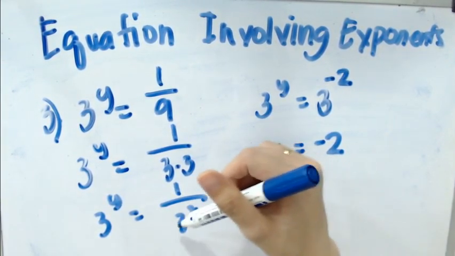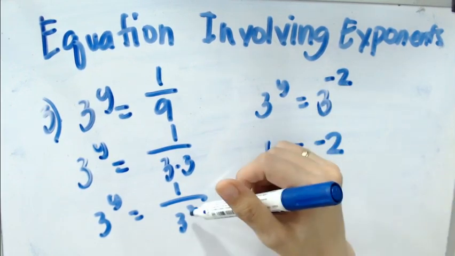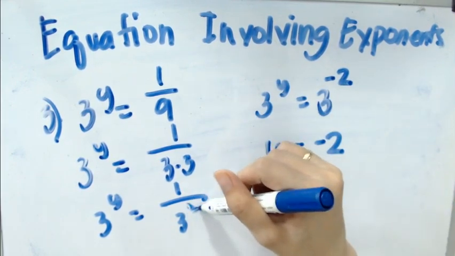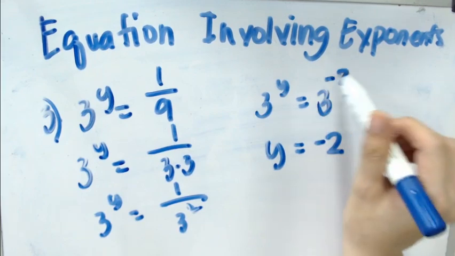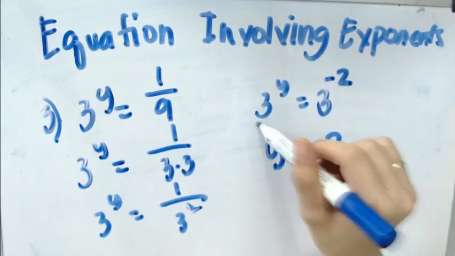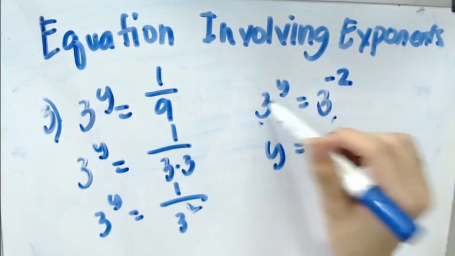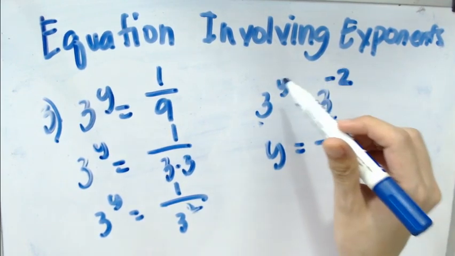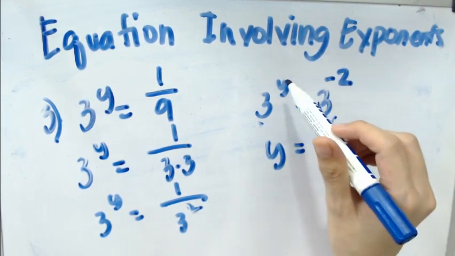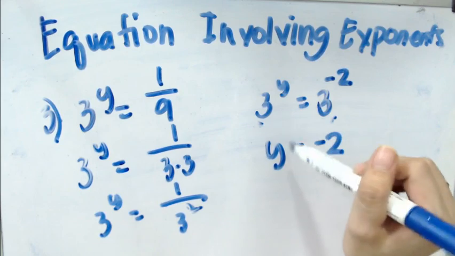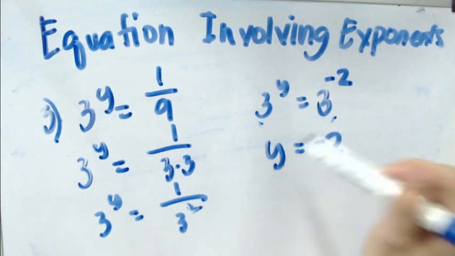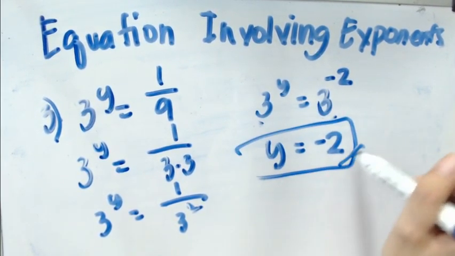Making this a whole number means that we are going to make the exponent negative. And this time around, they have the same base, so we are going to deal with the exponents. And then afterwards, y is equal to negative 2. Negative 2 will be the final answer.